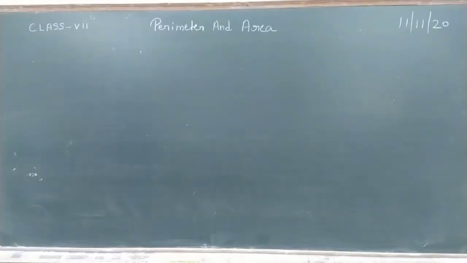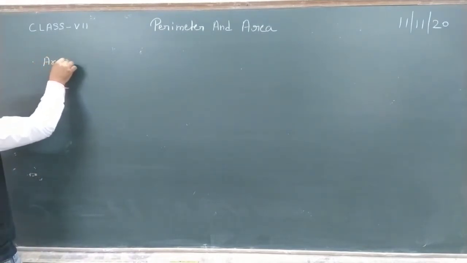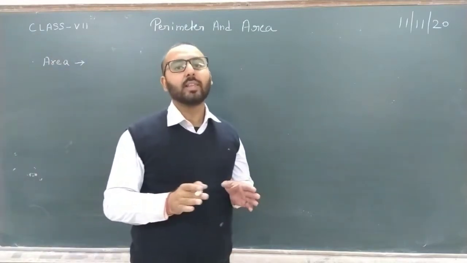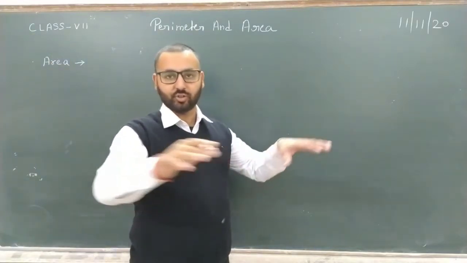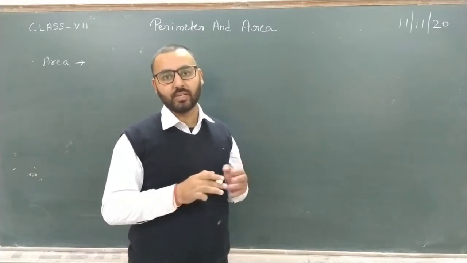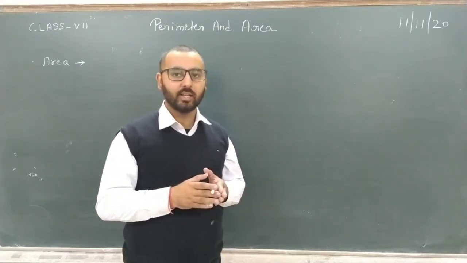Now after the perimeter, let us discuss area. If there is any closed shape, then it carries some surface on that plane. So that surface which the closed shape is carrying is known as area.